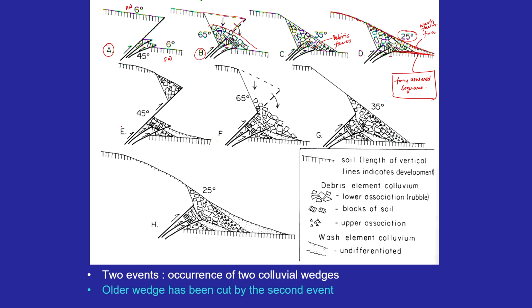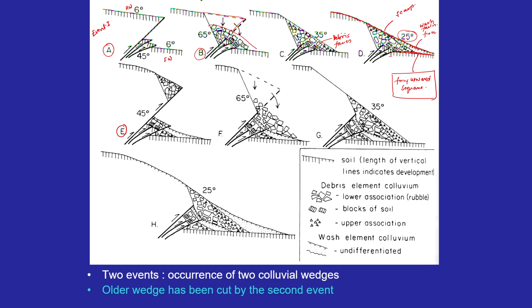Now the second event occurs. So this was event 1, and then the scarp slope was stabilized.